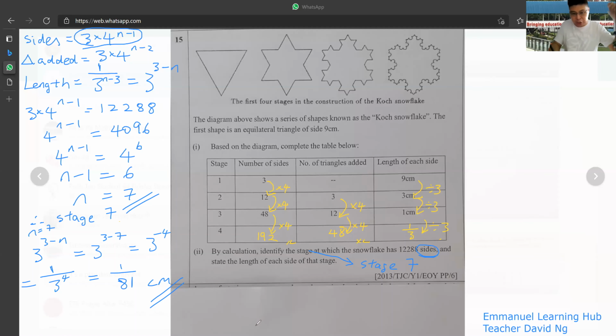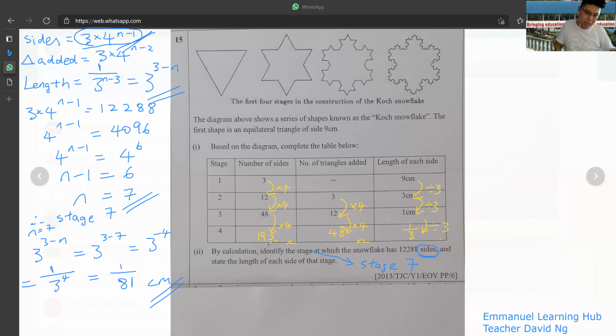So the crux of this question lies in the accuracy of the formula that you generated. If your formula is wrong, then you cannot solve it. Everything will be wrong and you will lose all the results.